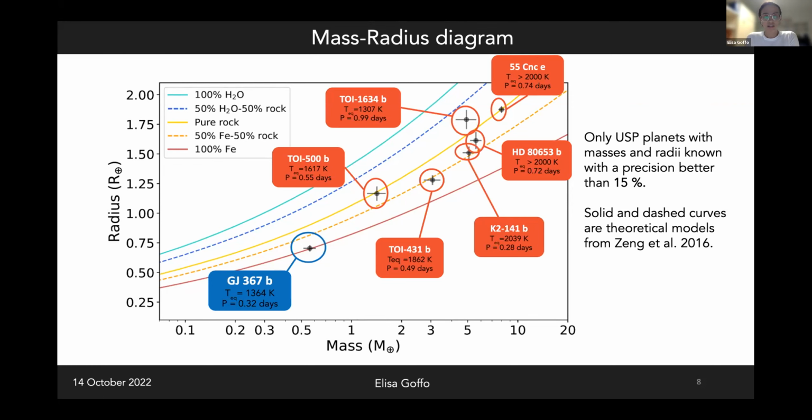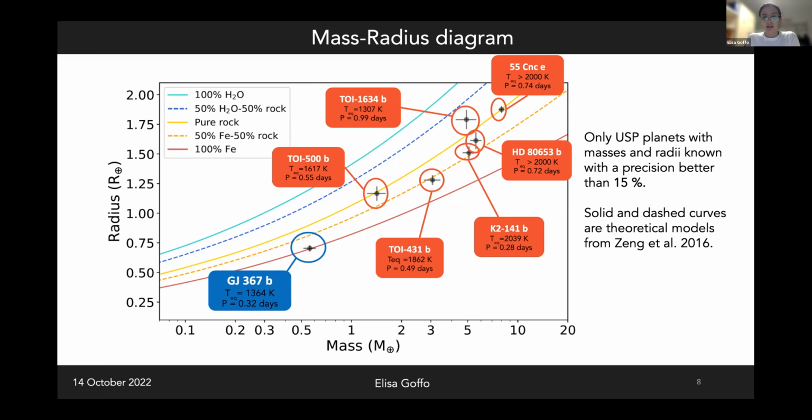So regarding these ultra-short period planets, this very interesting exotic class of objects, there are a lot of theories to explain the formation scenarios and the origin of these objects. They are believed to be the remnant naked cores of Neptunian planets that lost their atmosphere during migration processes.